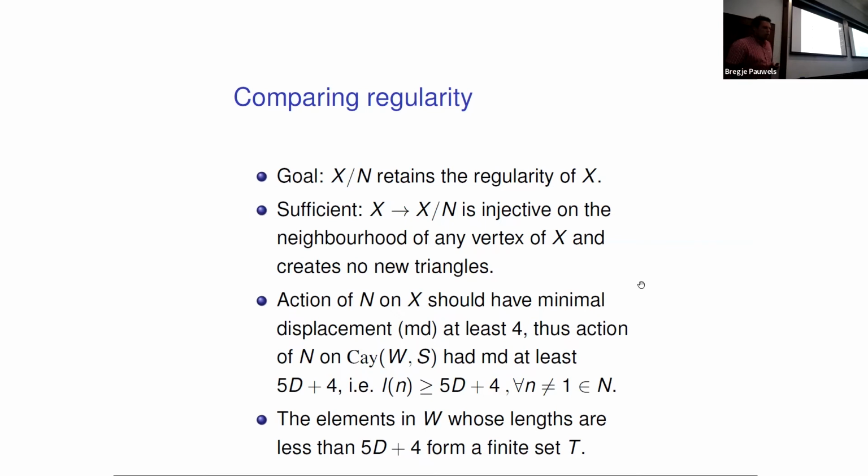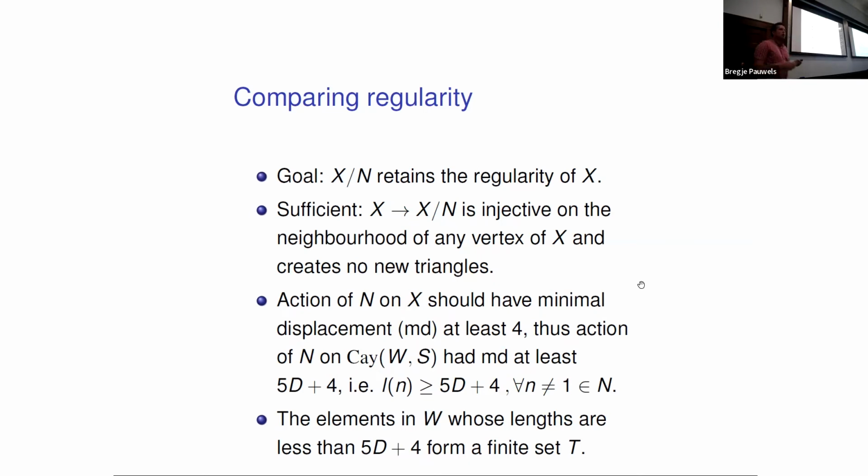Now, of course, not everything does that. You could have things that collapse. If I have two neighbors of a vertex, it could be that I put them onto one another. So what you want is that the action of your normal subgroup N on the Cayley graph has sufficiently large minimal displacement. You don't want to map vertices to other vertices which were not far away from them, because then you will destroy it. How far do you have to move them?